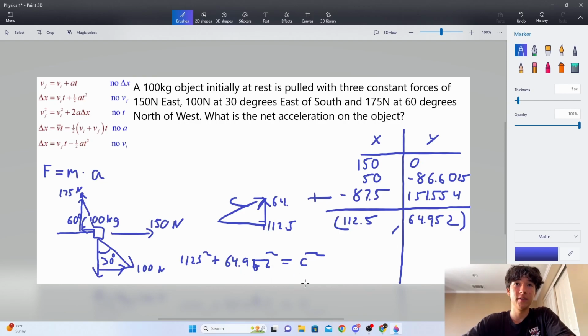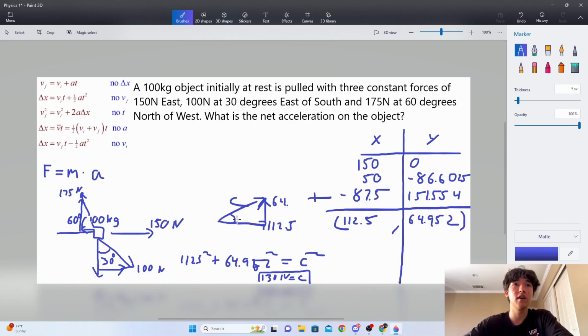It's ultimately going to result in C equaling 130 newtons. And there we go. So that is actually our net force on the object.